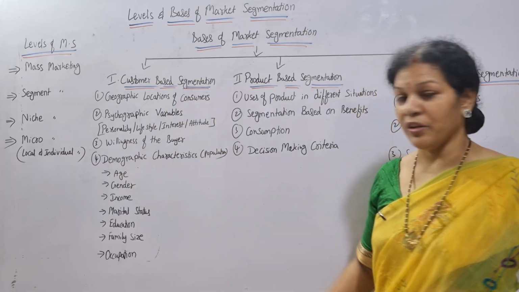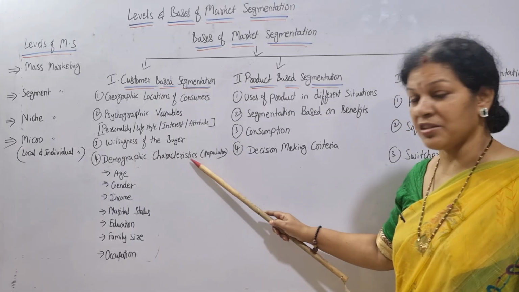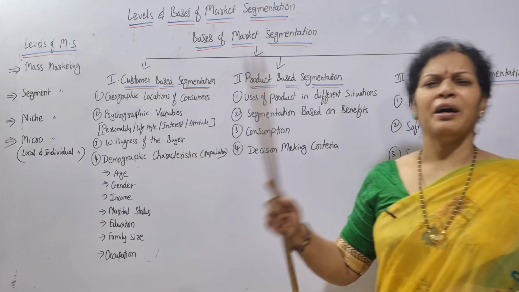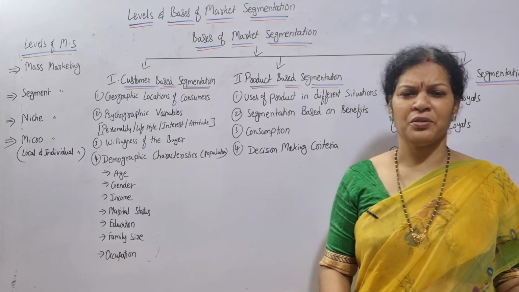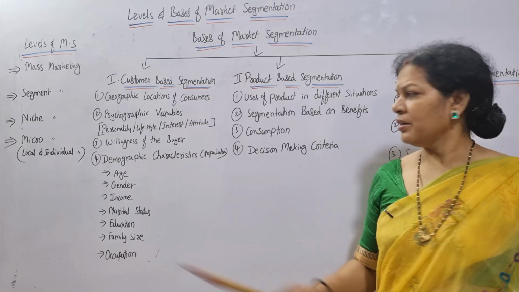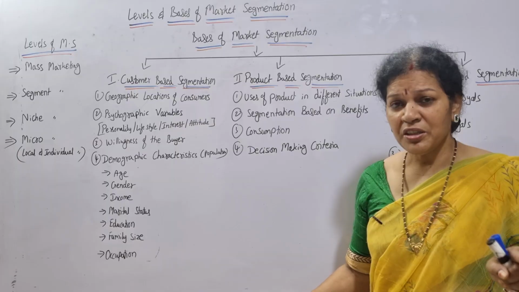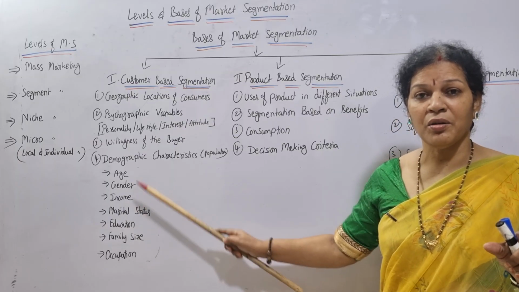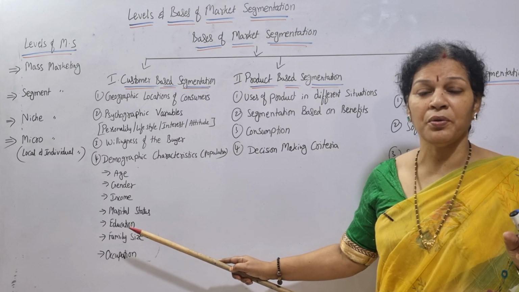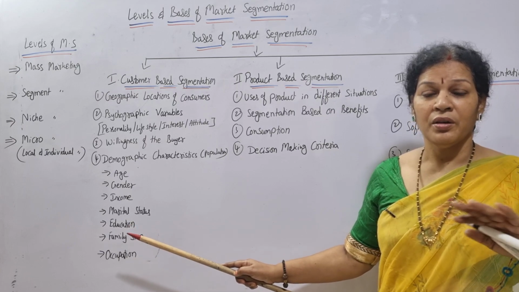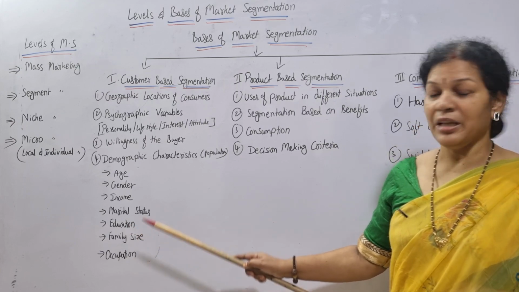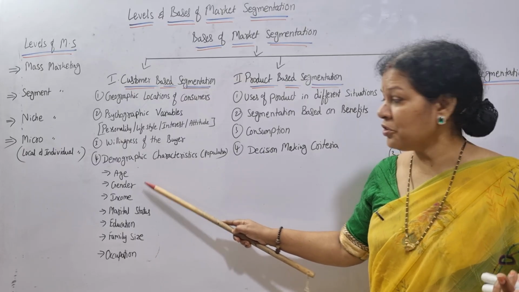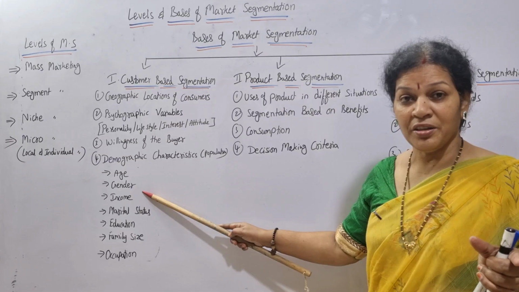And lastly, demographic characteristics. Demographic is nothing but the population point of view. The population is vast, so how do you want to segment? There are different areas, and in which area, which category you want to go for segmentation, you have to consider all these points. Which one you want to focus on, where you want to concentrate much, depends on these. Like age, do you want to focus on age or on gender?